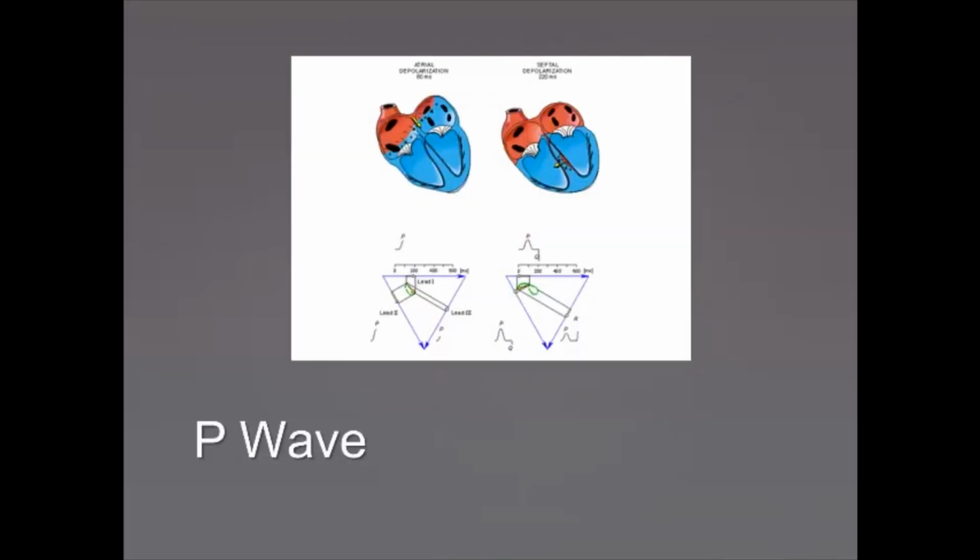Now, looking at all these again, I just have some different diagrams, and this shows a red area for when we actually have the atria depolarizing. So what we can see here is the atria depolarizing and a more complex vector diagram of what's going on in these different areas.